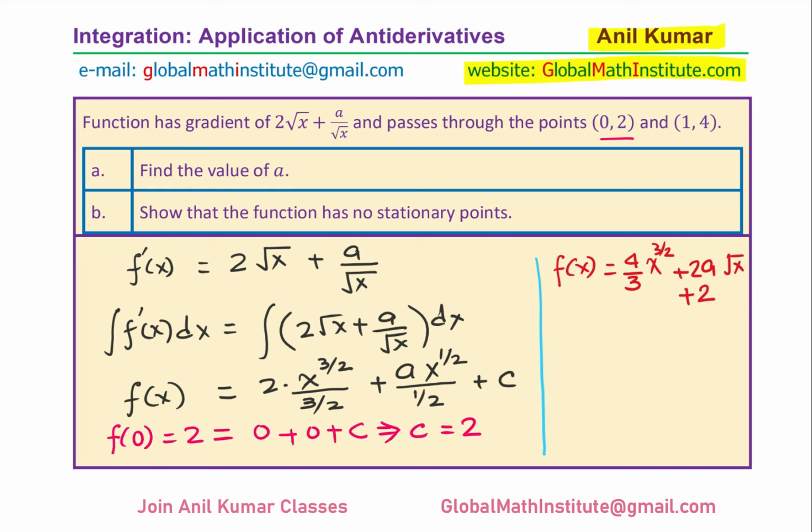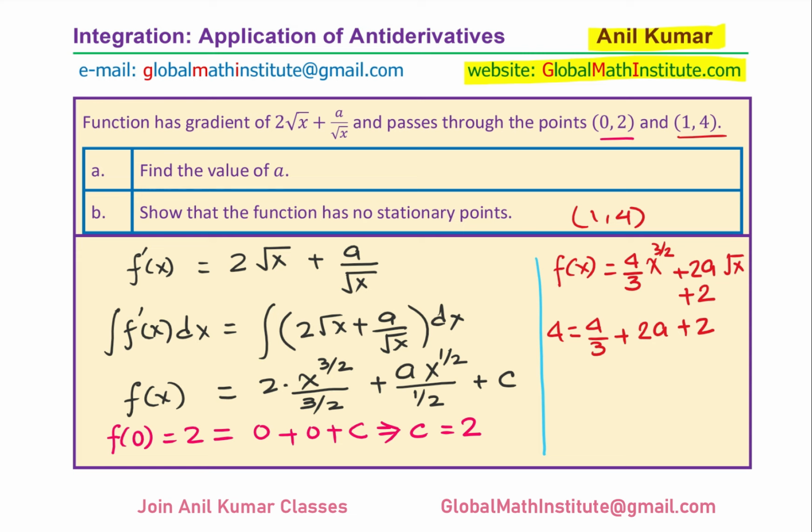Now to find the value of a, we can substitute the second point, which is (1, 4). So if I substitute 1 for x, then 4 is the f of x value. So we get 4 equals, 1 for x will give me 4 over 3 plus 2a plus 2, correct?